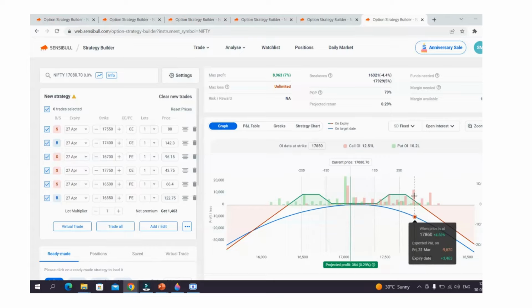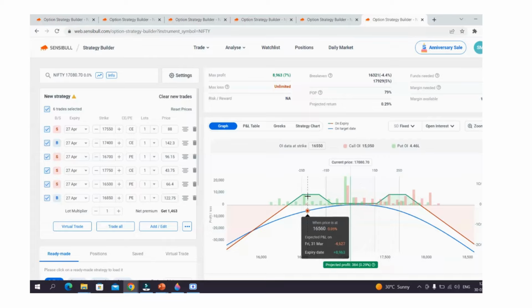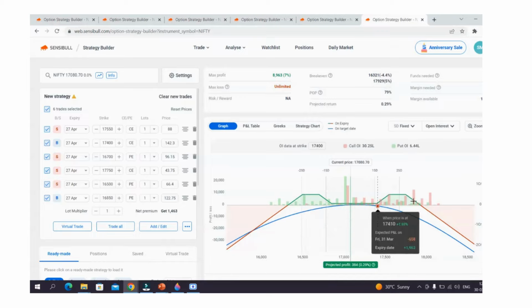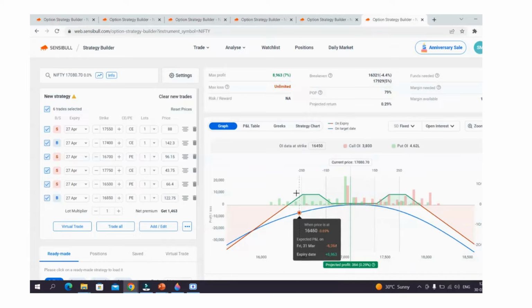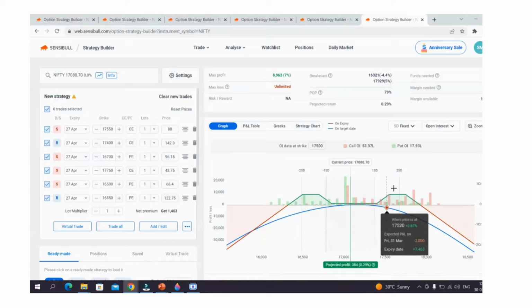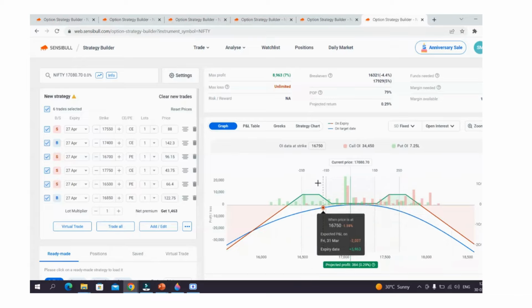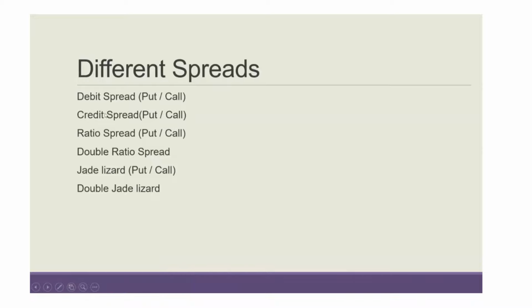You have a bigger range here, and you have a bigger range here, and even in this bigger range the maximum profit area is more here compared to the ratio spread or double ratio spread. The profit is slightly reduced in the maximum profit, but we have more range. Okay, that's the difference. These are the different strategies.